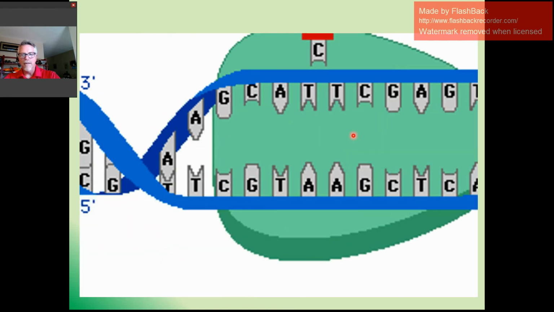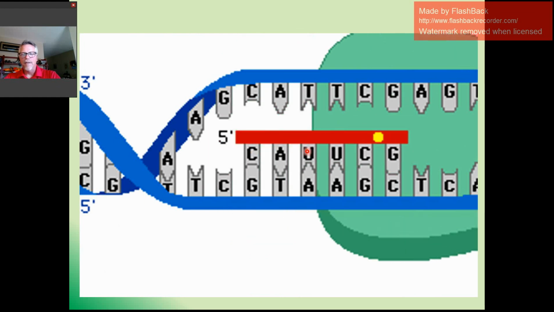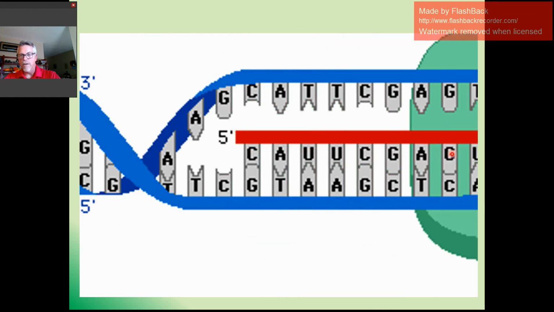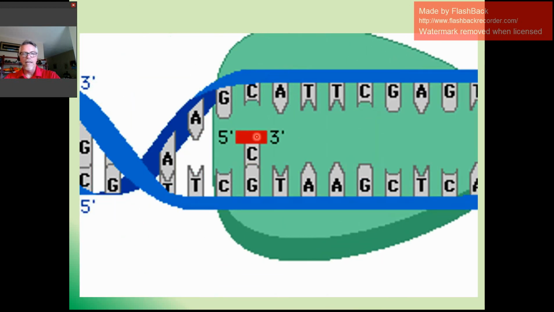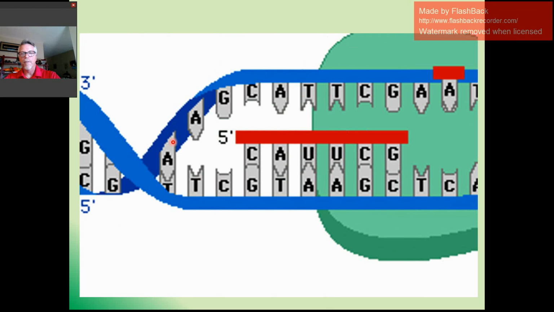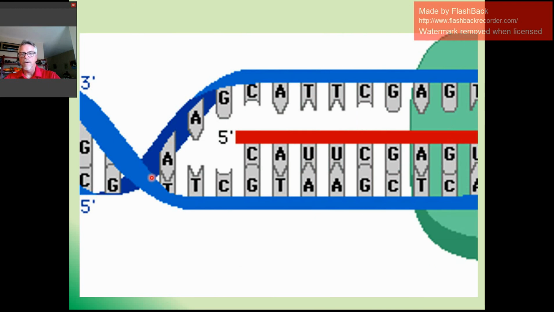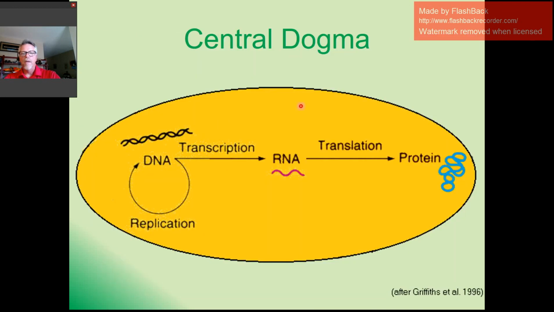And when that's done, the red strand, single-stranded, disconnects from the DNA, and it leaves, and the DNA goes back to its normal double helix, and the process is over.